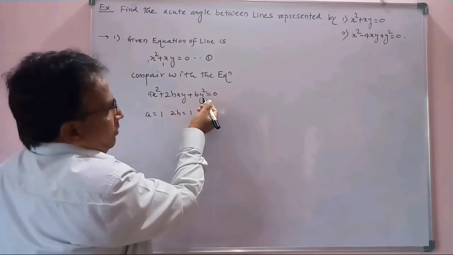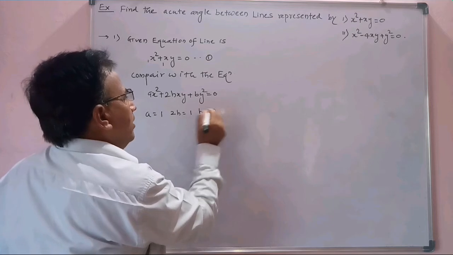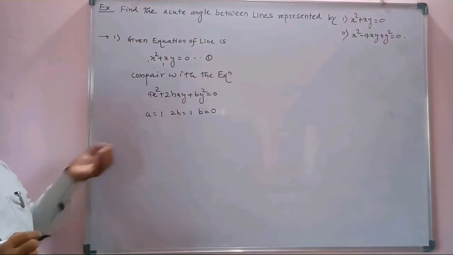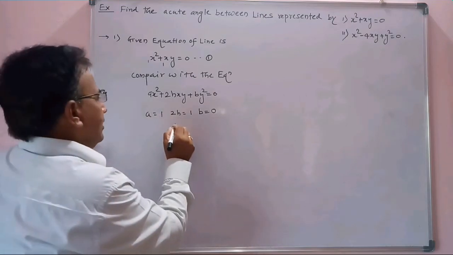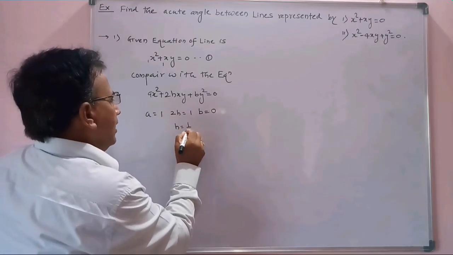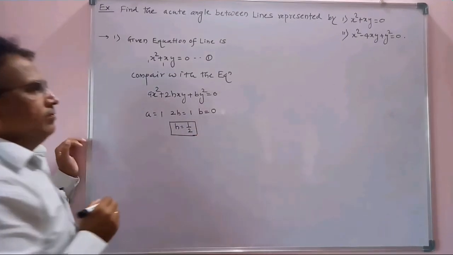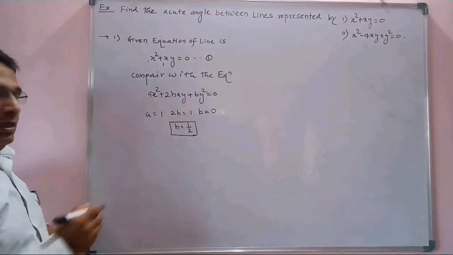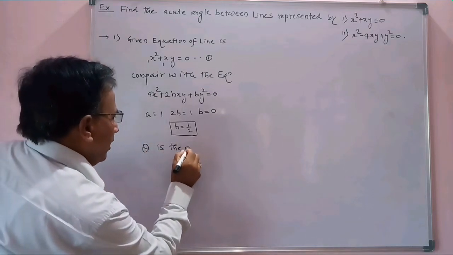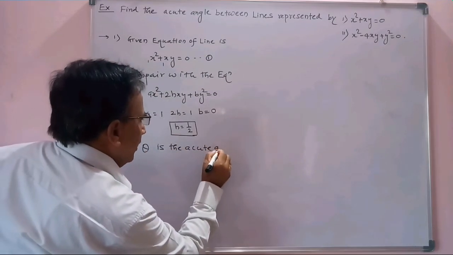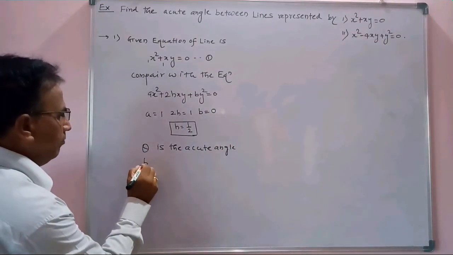The y square term is absent, so b equal to 0. A equal to 1, 2h equal to 1 means h equal to 1 by 2. The value of h is 1 by 2, b equal to 0. Therefore, theta is the acute angle between the lines.